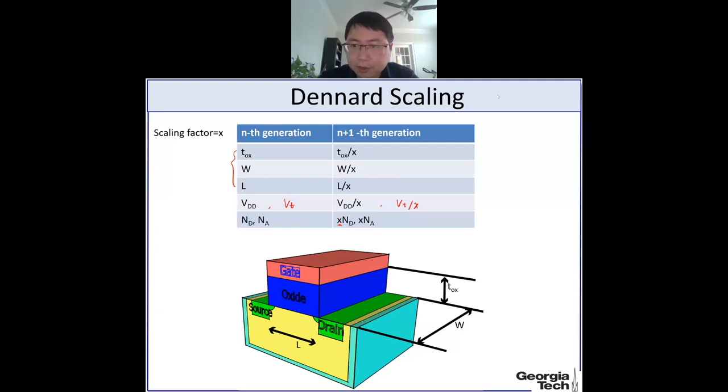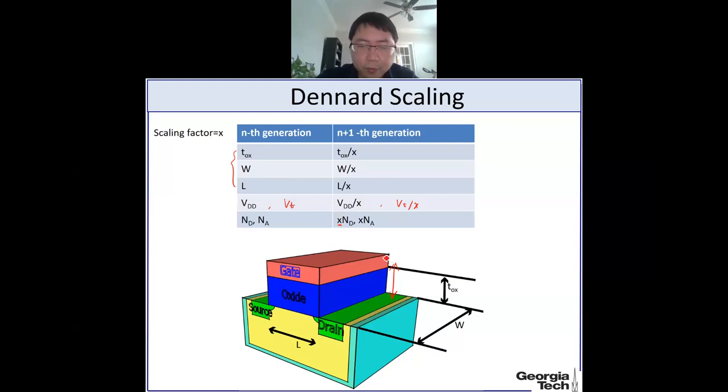Question, why did Dennard say that the electric field in scaling remains the same? Okay, so that's a good question. I plan to talk about this later, but we can discuss it right now, since you asked. So this is the constant field scaling. Why is that? Because if you look at the electric field vertically across the oxide, it remains the same.